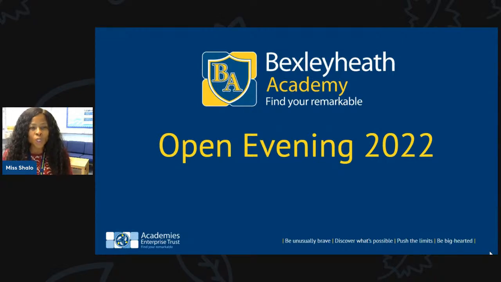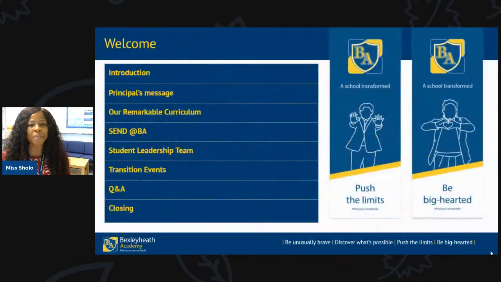Now the order of events for this evening is going to be as follows. In a moment, you will be hearing from Mr. Sparks, our principal, who's going to be talking to you about some amazing transformations that have been taking place here at BA, and he's going to talk you through our curriculum as well.